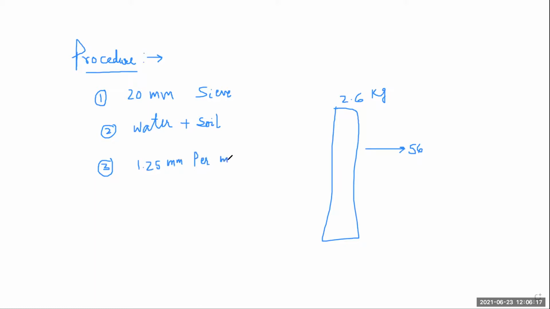So 1.25 mm per minute load is given. The load at penetrations of 0.5, 1, 1.5, 2.5, 3, 4, 5, 7.5, 10, and 12.5 mm are noted.